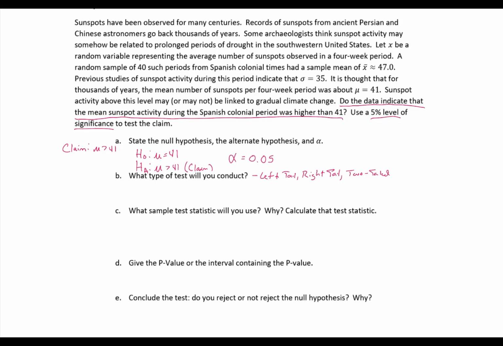The alternative hypothesis tells you the type of test. In this case, our alternative hypothesis is mu is greater than 41. Because that inequality points to the right, we know we're going to do a right-tailed test.